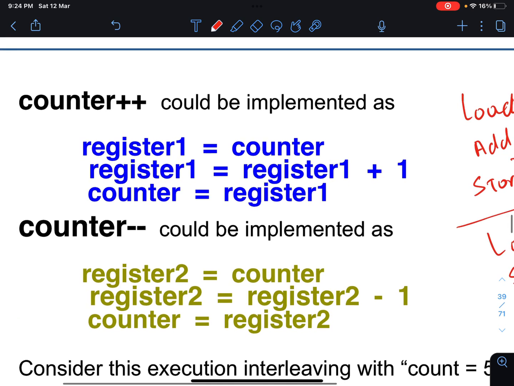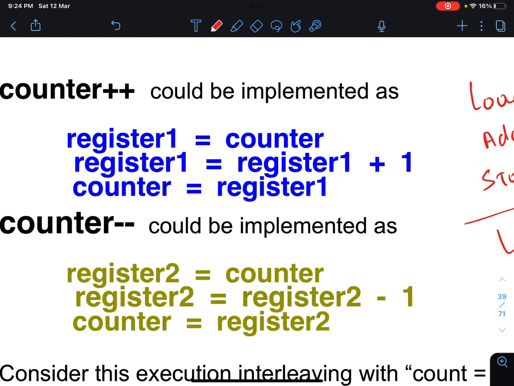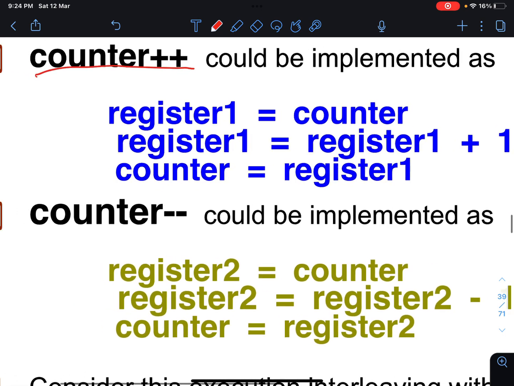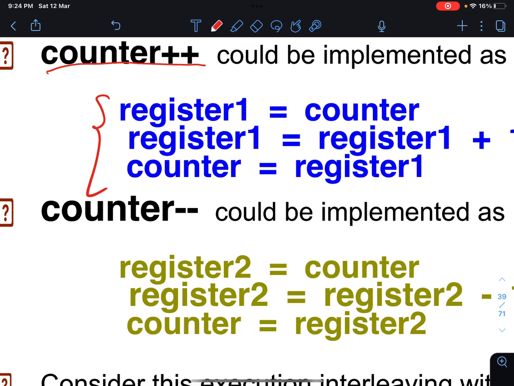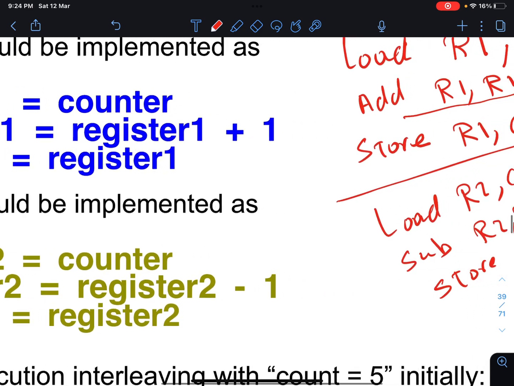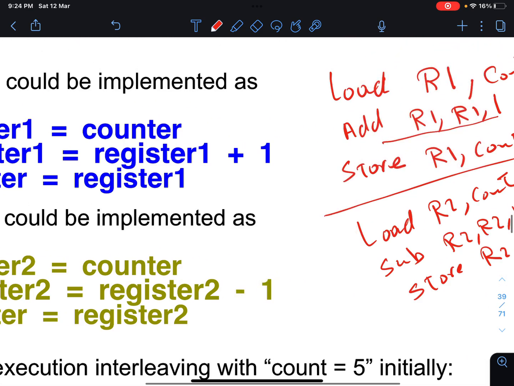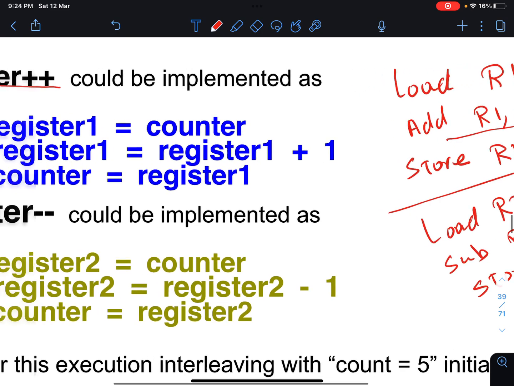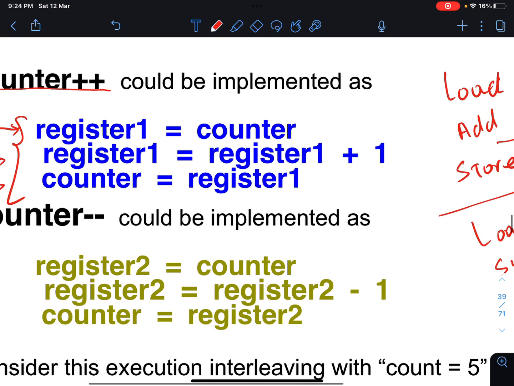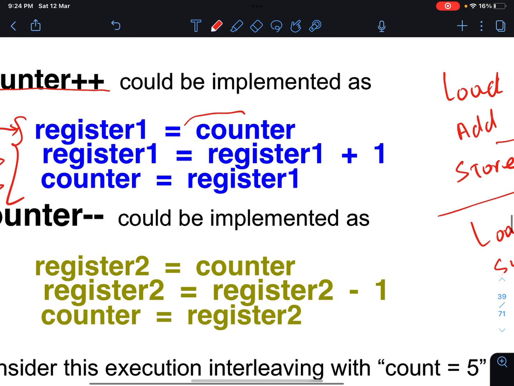Why am I saying this? Look, counter plus plus is not atomic. What does it mean to be atomic? It doesn't execute as one unit. It's actually 3 statements. Look, it's 3 statements in the lower level. The load, add, and store. Or, in higher level format, you get the value of the counter, put it in register 1.